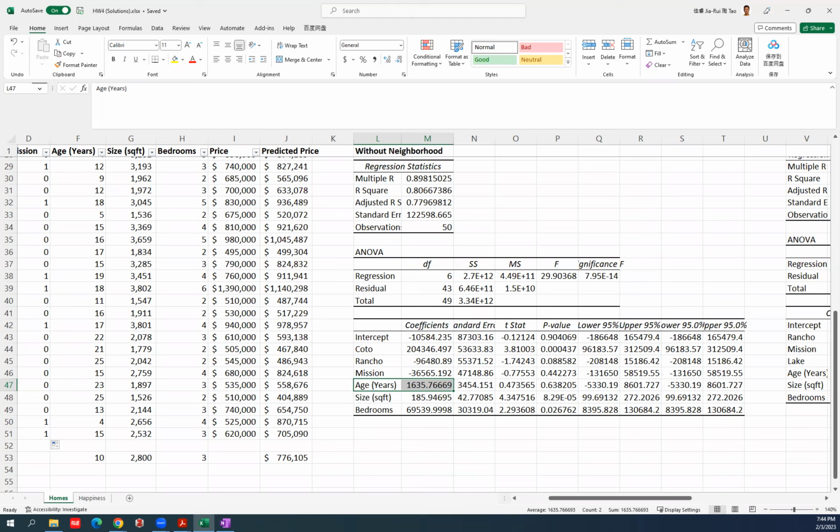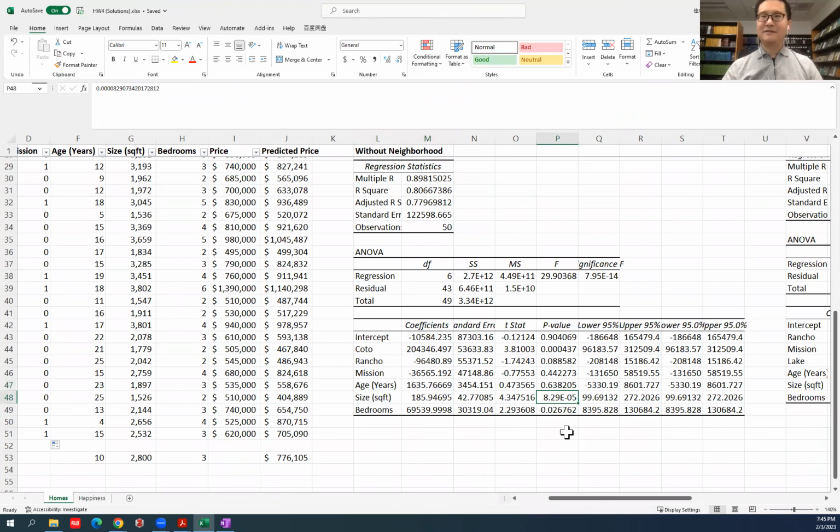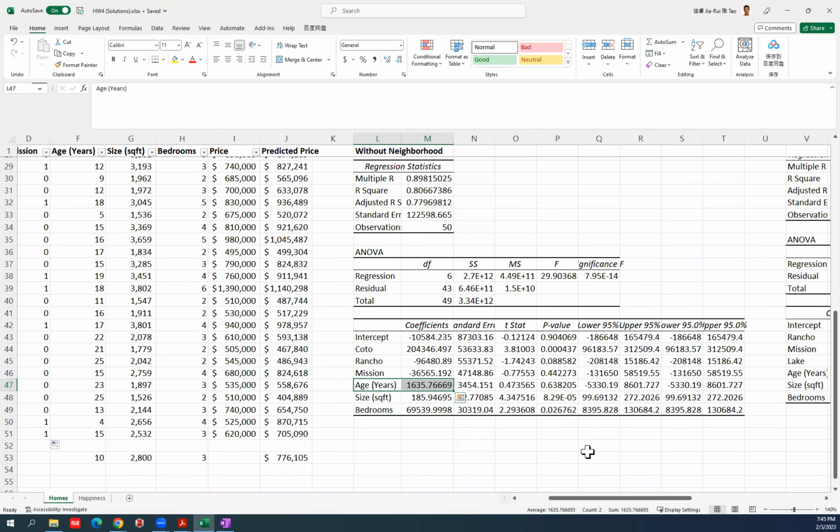So I actually tried it in both ways. I first removed, I think it was the size that I removed, and you remove the size, okay, and see what happens to the coefficient about age. It was still positive, but later on, I did try to swap it around.